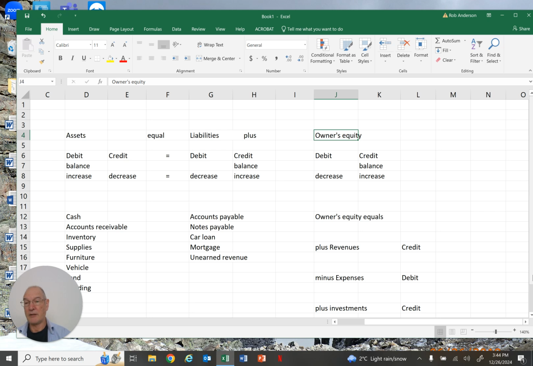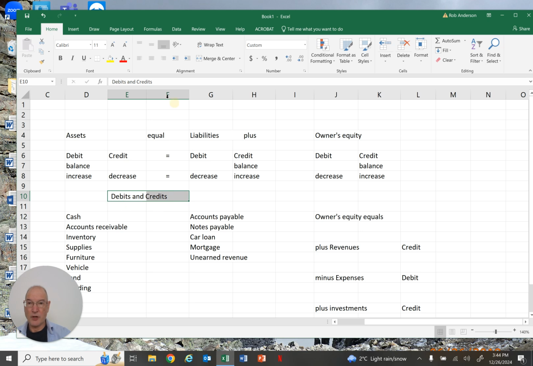So we're going to write down the same amount of money 2 times. And of course, we have debits and we have credits.